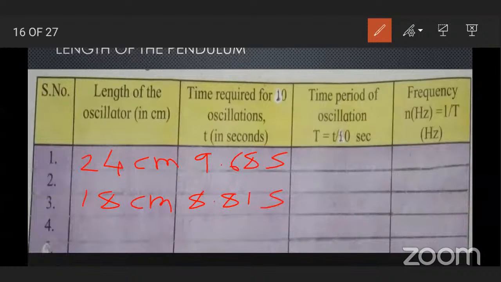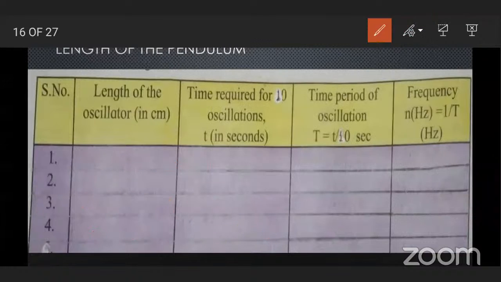Third time, what is the length? 12 centimeter. And what is the time required for 10 oscillations? 7.77 seconds. Sorry, it erased all. I'm writing again.